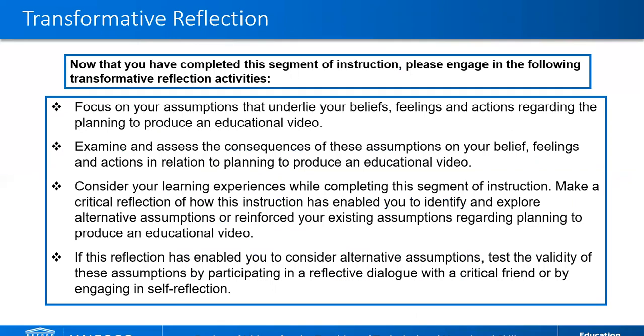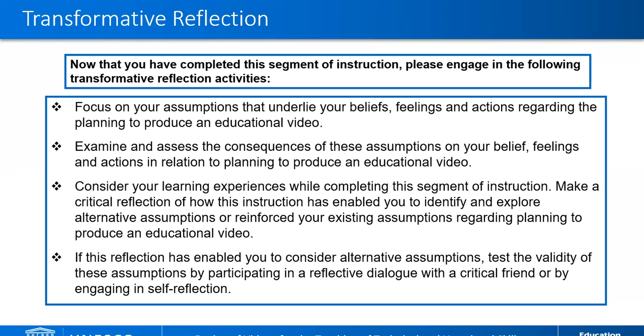Now that you have completed this segment of instruction, please engage in the following transformative reflection activities. Focus on your assumptions that underlie your beliefs, feelings, and actions regarding the planning to produce an educational video. Examine and assess the consequences of these assumptions on your beliefs, feelings, and actions in relation to planning to produce an educational video.